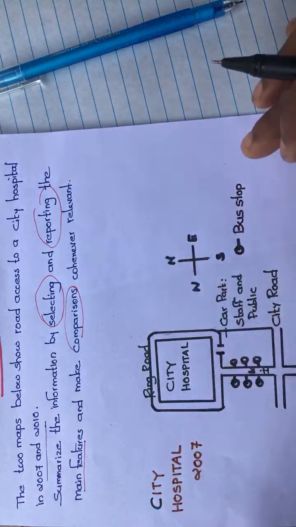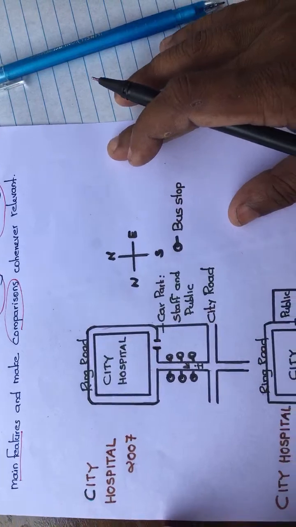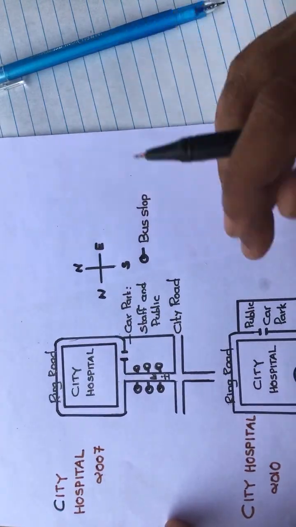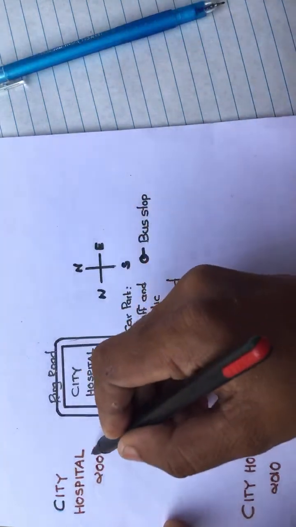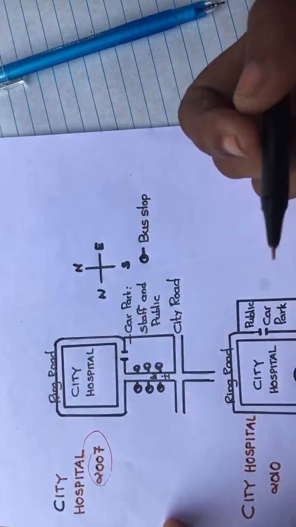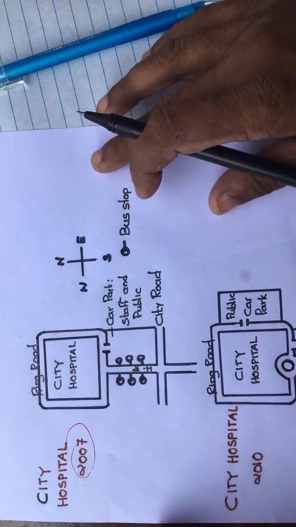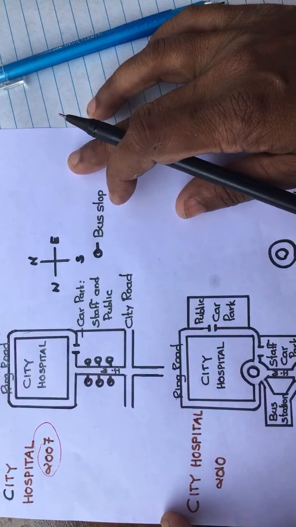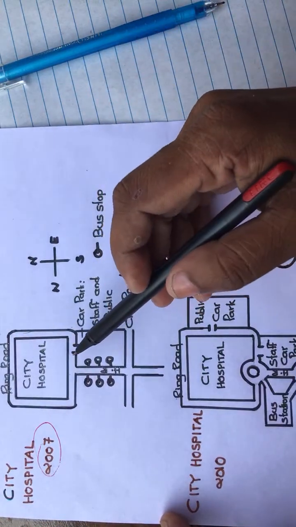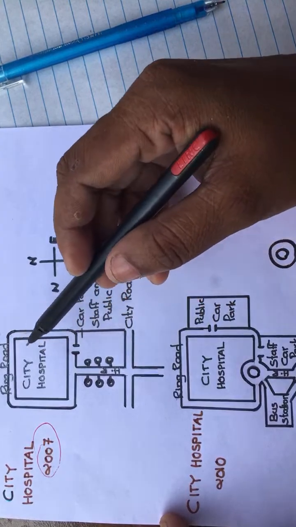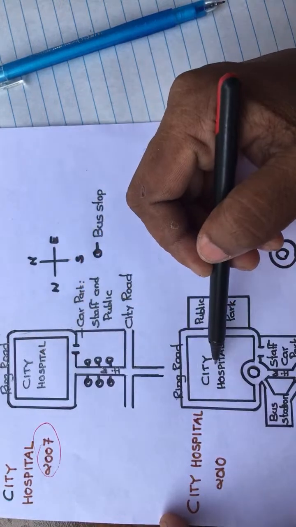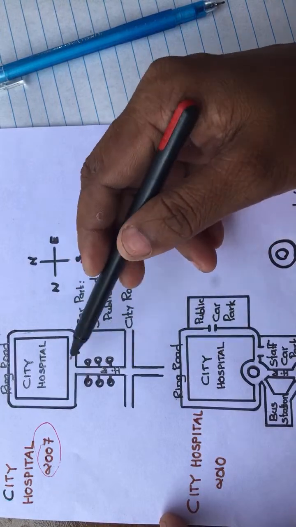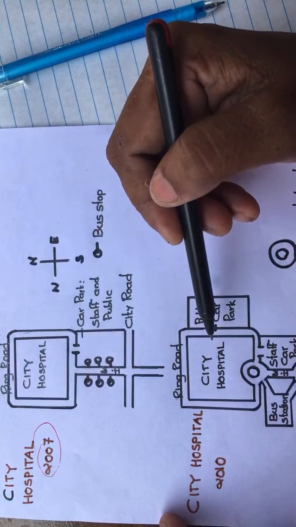So let's move to the question, the map. Here in front of you is the map. Let's first see what the 2007 map is about and what the 2010 map is about. I hope you can see here. In 2007 you can see the city hospital is on the ring road. In both, the city hospital is on the ring road.